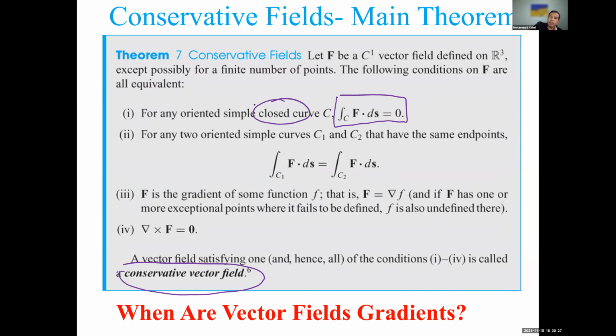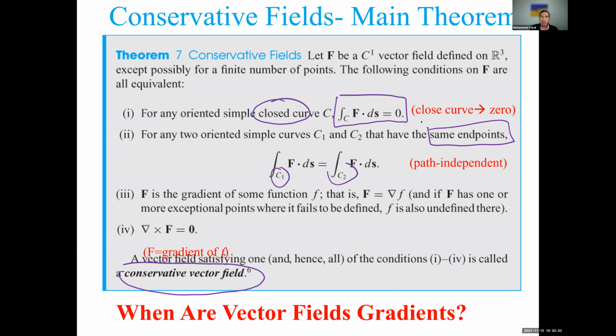The other one is independence of the path. Doesn't matter what path you have, as long as they have the same endpoints, the integral is the same, which is exactly the one we've seen before. The third one, F is a gradient. So F is the gradient of some scalar function.